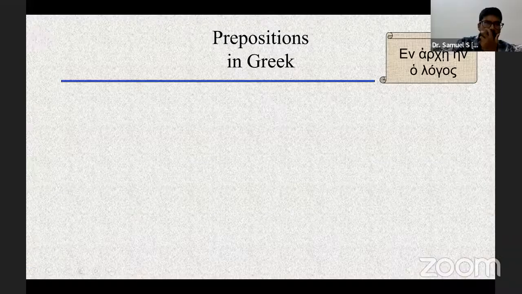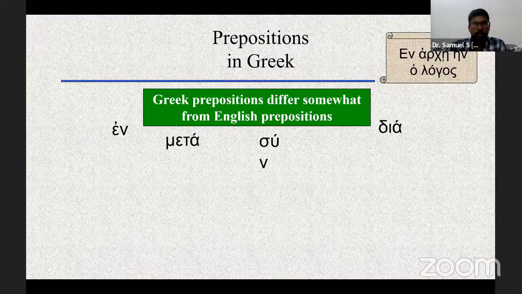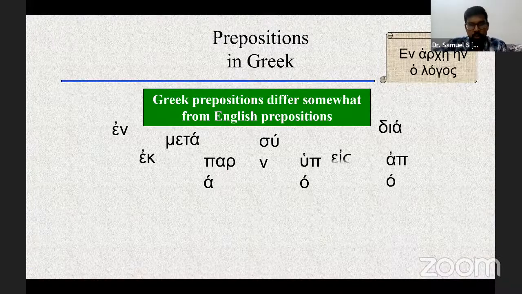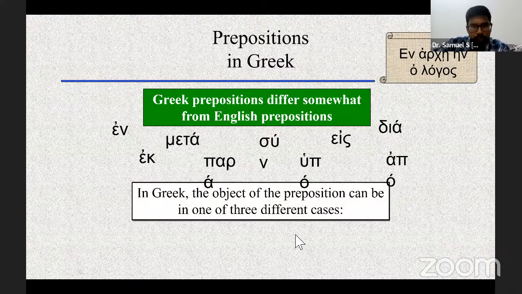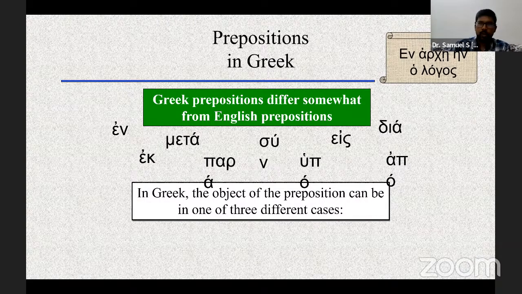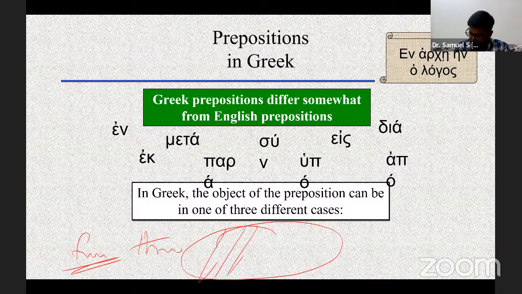Greek prepositions are somewhat different from English prepositions because in Greek, the object of the preposition can be in any one of three different cases. In English, we don't really encounter this. We just say from, we say through, and it's just the object, right?